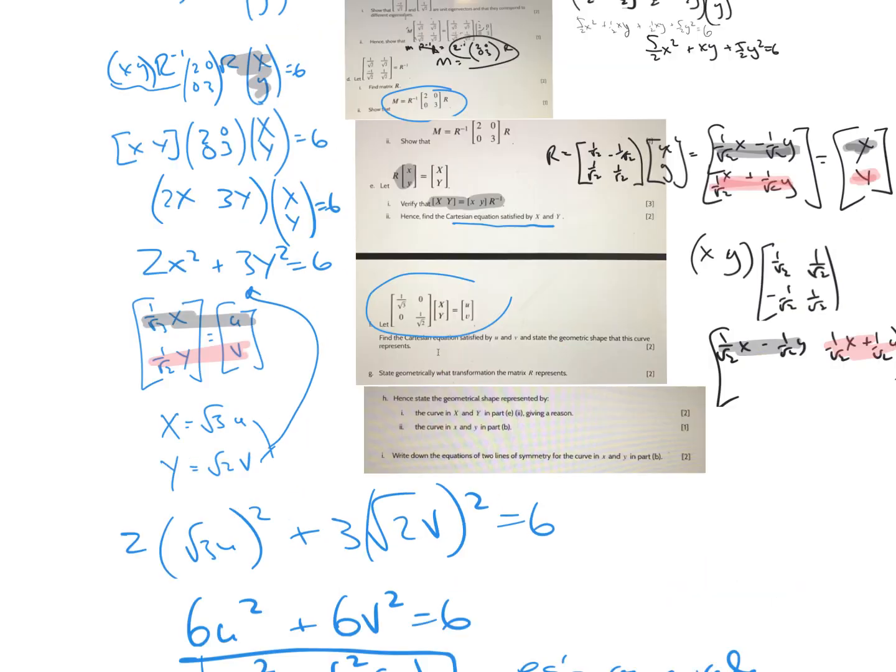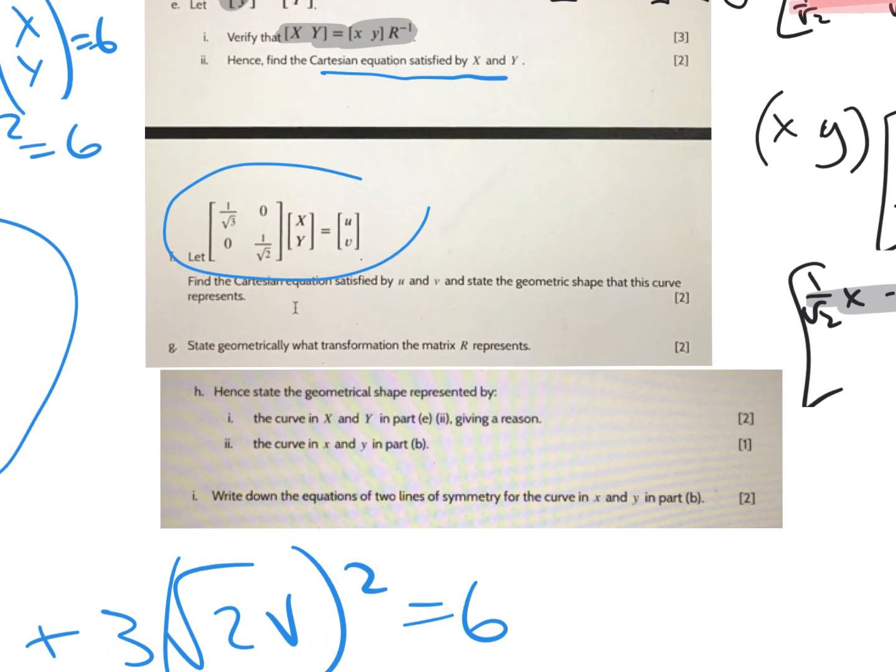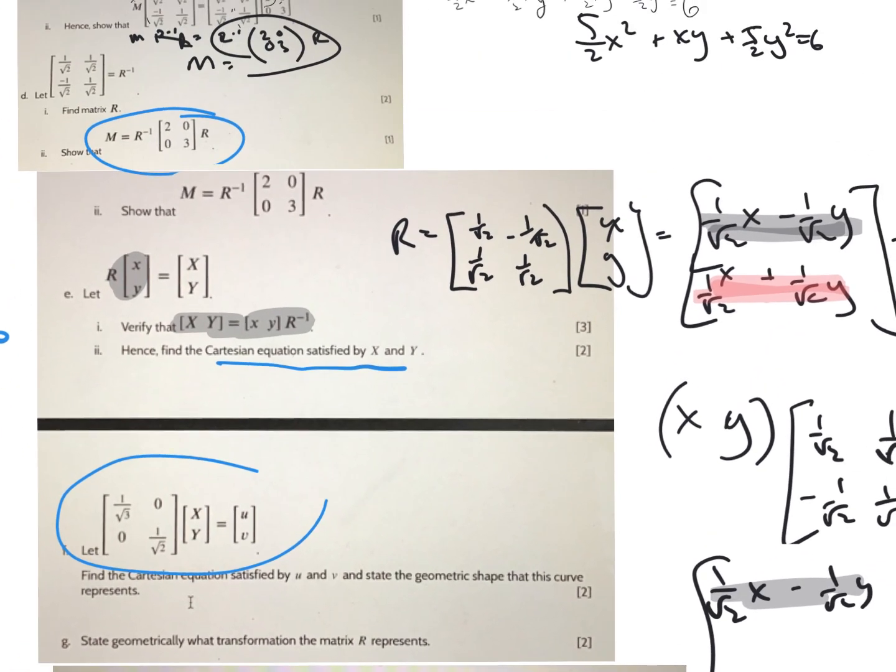Okay, so now it says state geometrically what transformation the R matrix represents. Well, here is my R matrix here. I recognize these numbers, and it's all about making connections. I recognize these numbers as cosine of 45, sine of 45, cosine of 45, sine of 45.